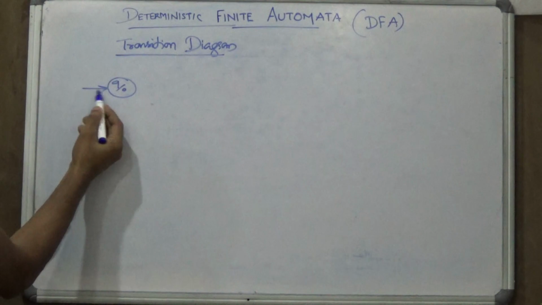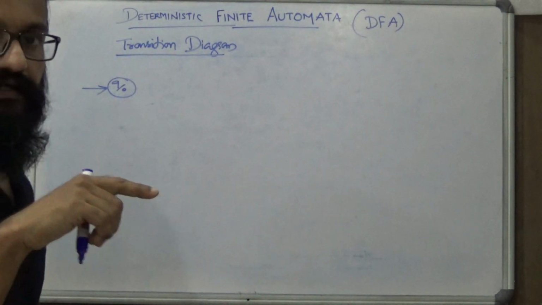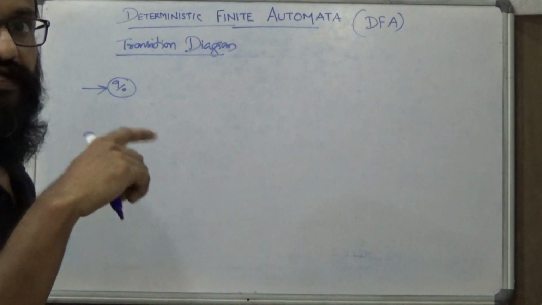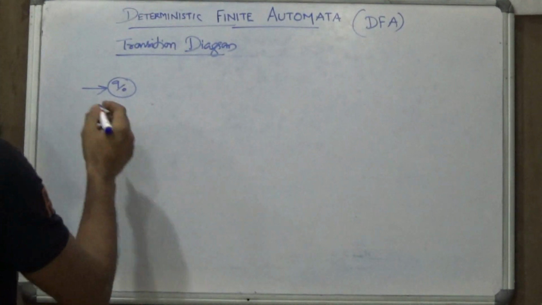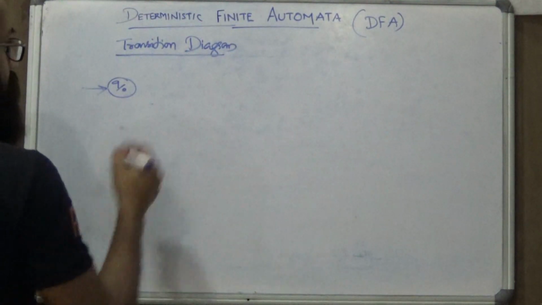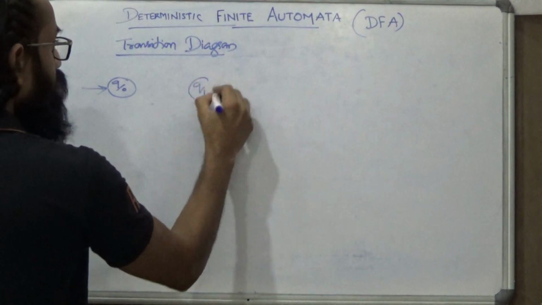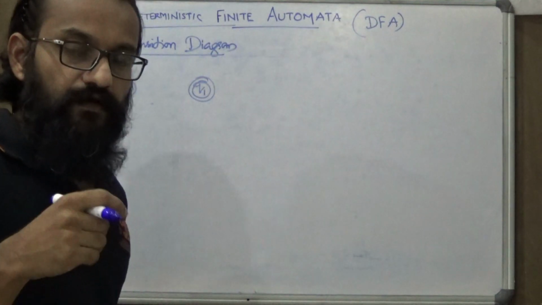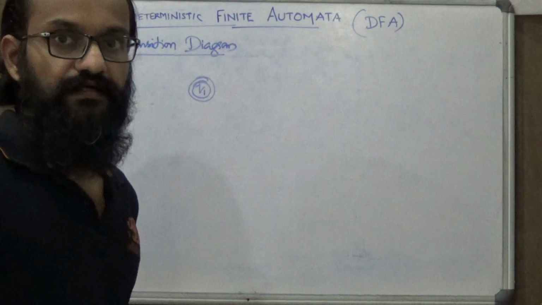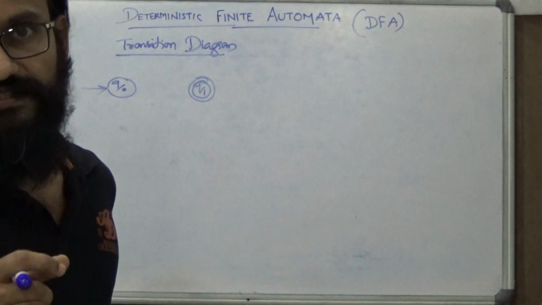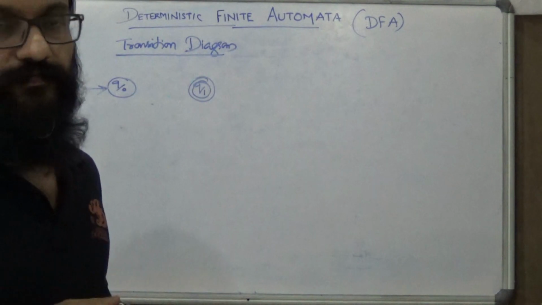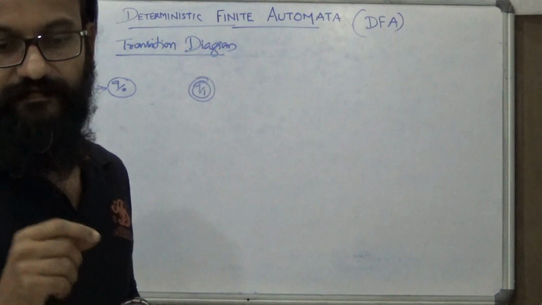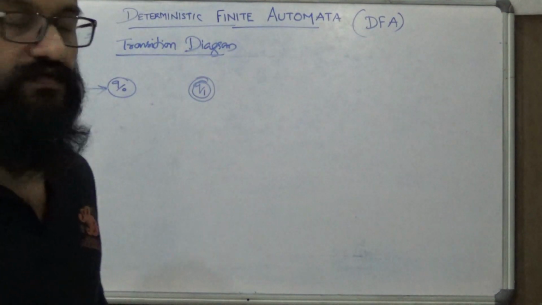The start state is always designated with an incoming edge or arrow without any other state at the other end. Let the second state be Q1, and let that state be a final state. We always represent a final state using a double circle. All remaining states are represented using a single circle, and transitions are represented using edges with a label representing the input symbol.